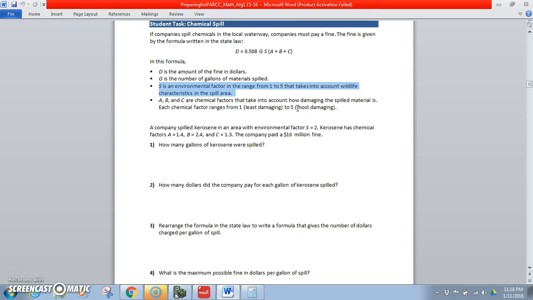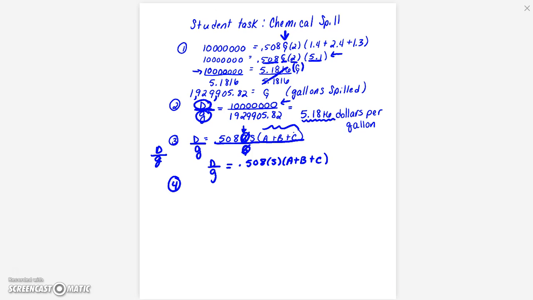Okay? Because everything else needs to remain the same because the spill was kerosene, and for kerosene, A and B and C are these numbers. But we can change the environmental factor to 5. So let's go back and make that change. It wants dollars per gallon, so it wants us to use this equation that we just came up with.